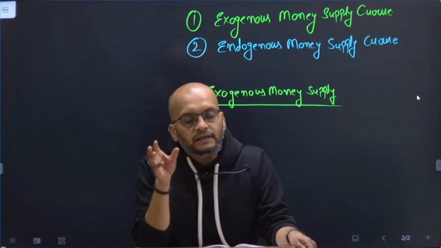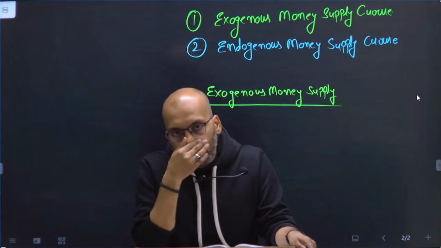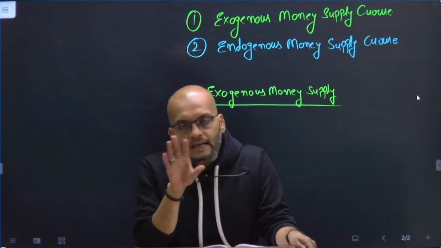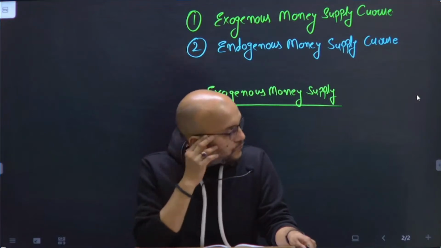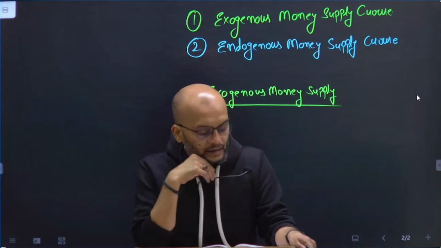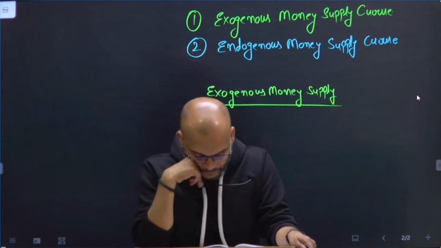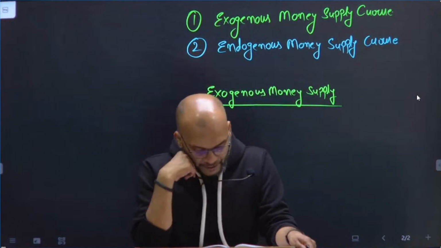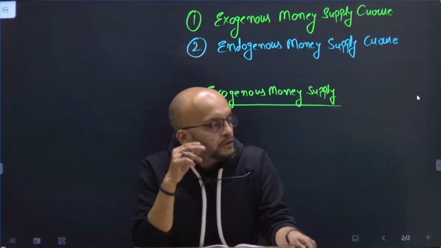Right? That's what the meaning of being constant is. That ED and CD are not changing with the increase or decrease in the money supply. Brackets closed.